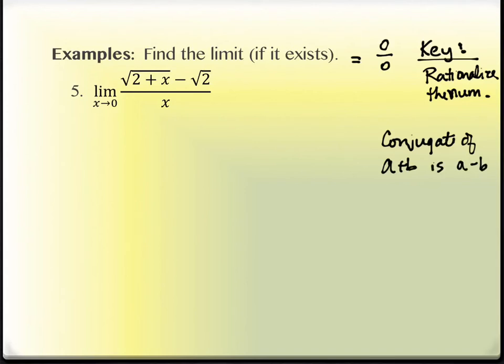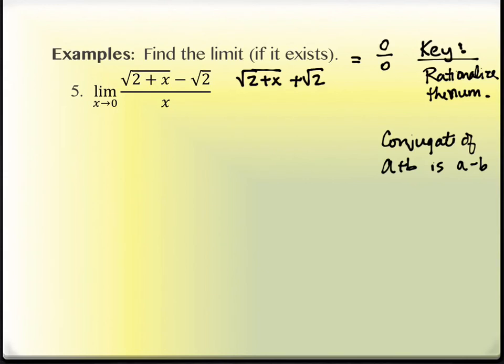That's just a general statement, okay? So we happen to have radicals here. So the conjugate of the square root of 2 plus x minus the square root of 2 is actually the square root of 2 plus x, just like that, and then plus the square root of 2. Okay? It's the exact same expression that's on top, just the sign between the radicals is different.